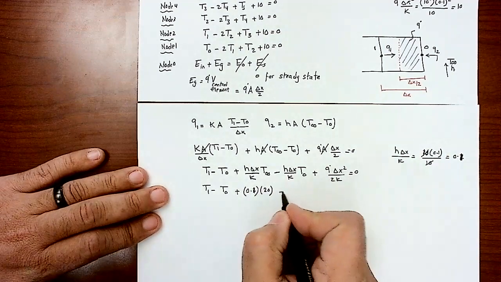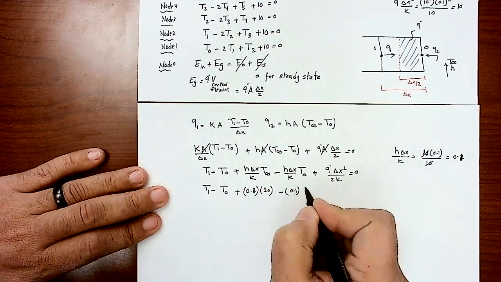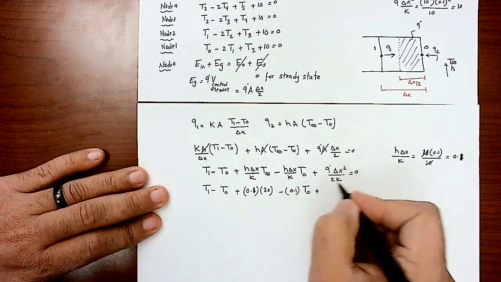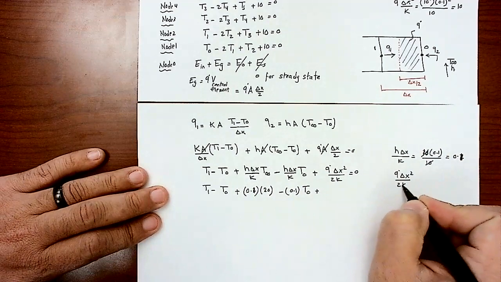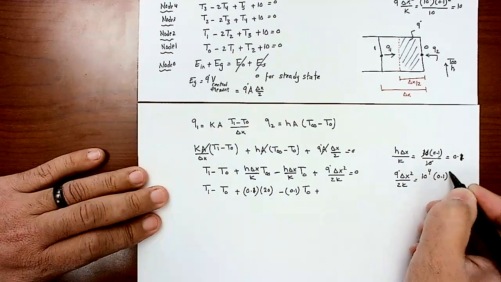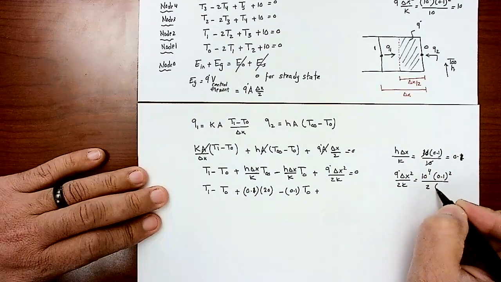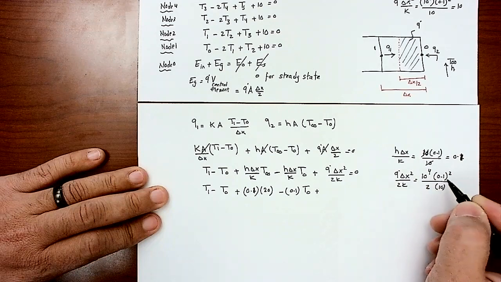Okay. Minus, again, H delta X over K, which is 0.1, times T node plus, let's calculate that term here, Q dot delta X squared over 2K. Q dot is 10 to the 4th, 0.1 squared over 2, and K is 10. So this is 0.01 times 10 to the 4th. That will give me 100.